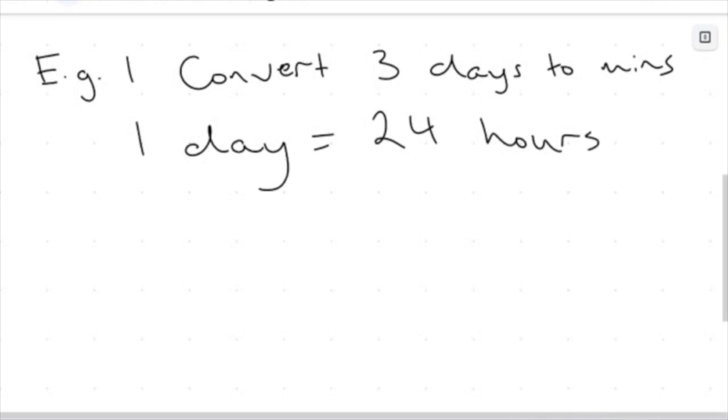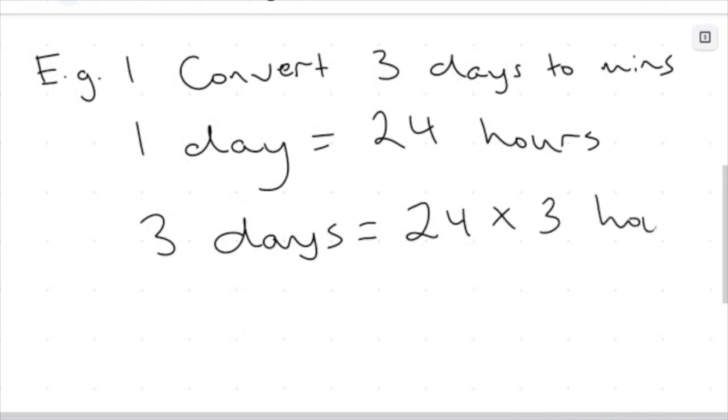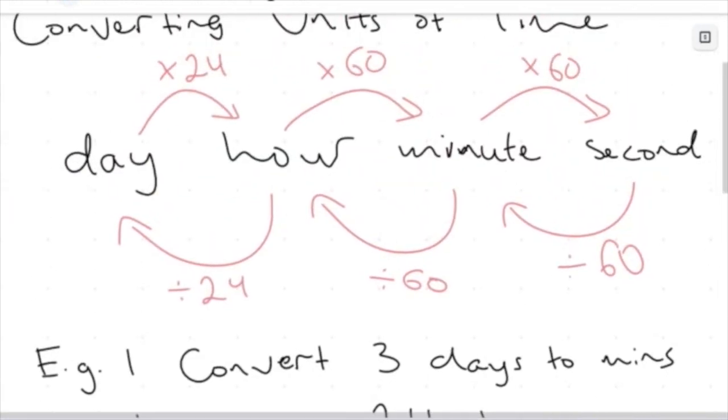So 3 days is going to give me 24 times 3 hours. So that means 3 days here is going to be equal to 72 hours. So I've just done this conversion here.